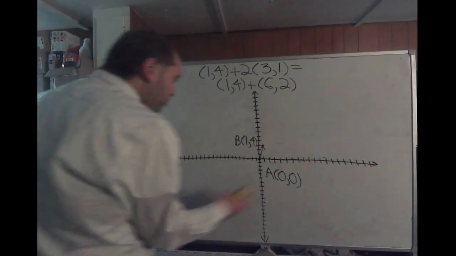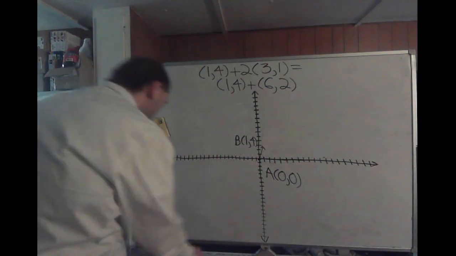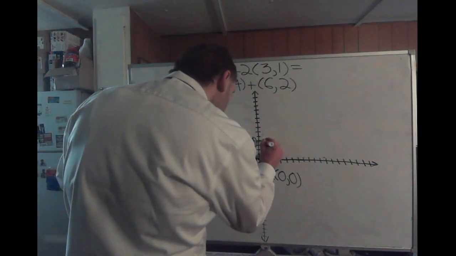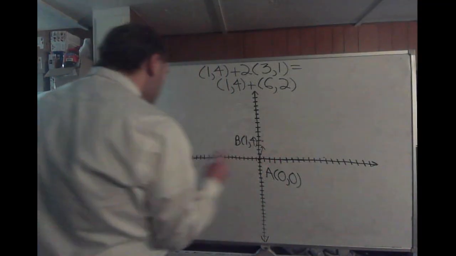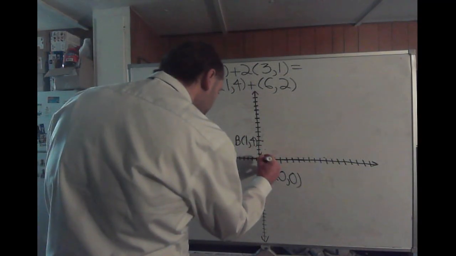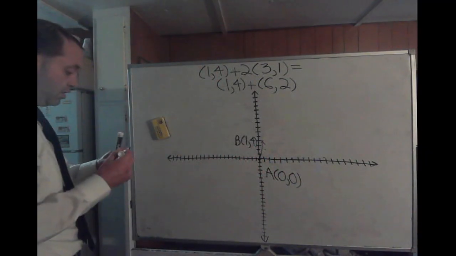Actually, I need to be up 1. I was off by 1 unit here. I don't know how I miscounted. My bad, folks. So, we'll just shift this slightly. No biggie. There's 1, 4. Okay.